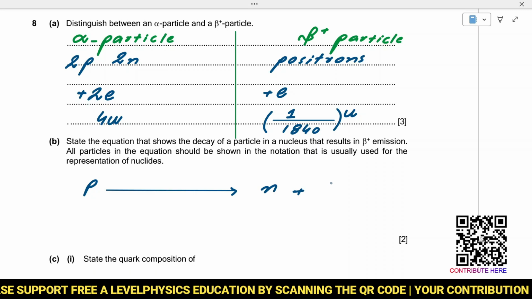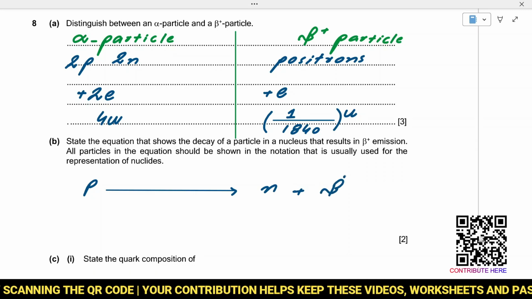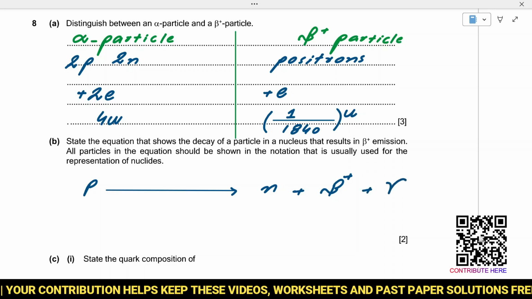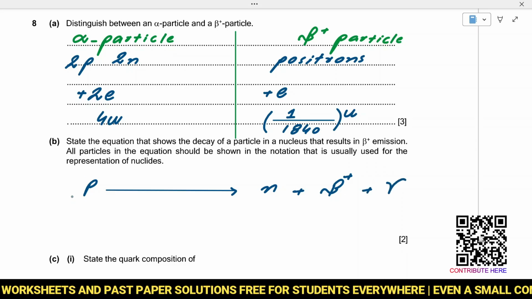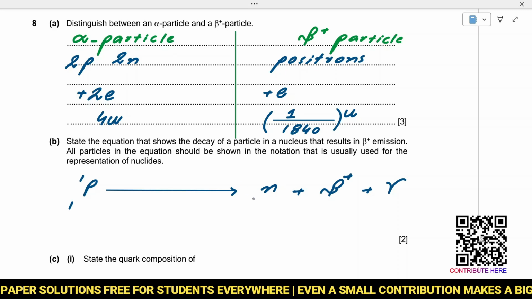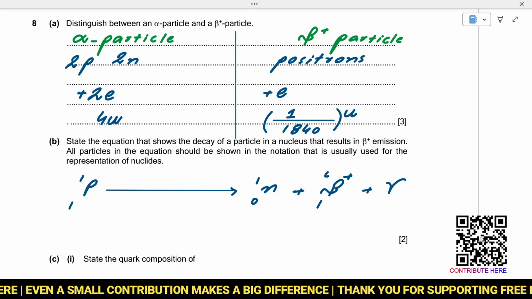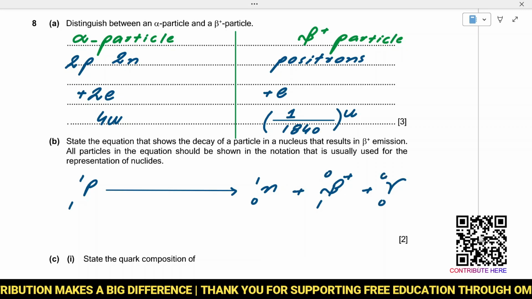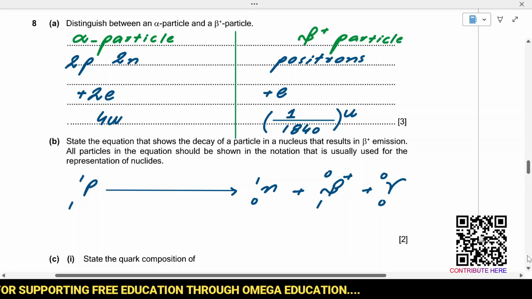What other particles are released? Proton into neutron is beta positive plus neutrino. So 1 0, 1 0 1, 1 0 0 0, and you can see the left side and the right side are balanced.